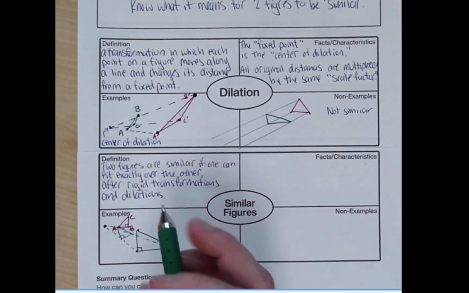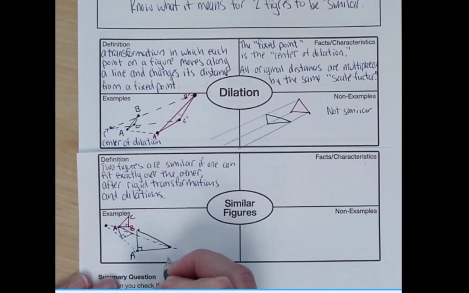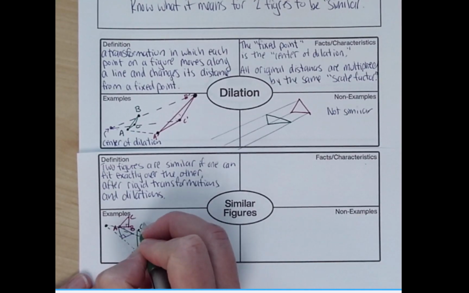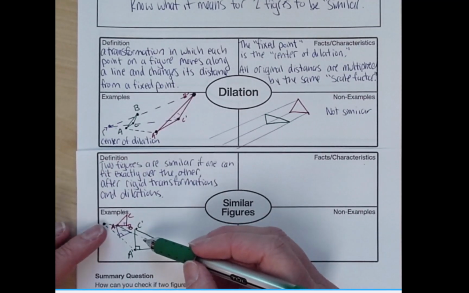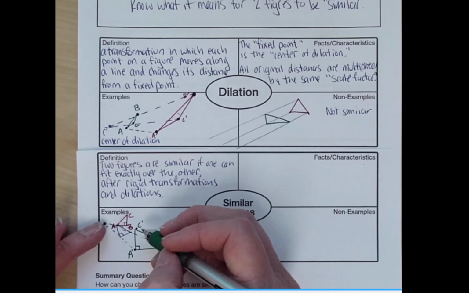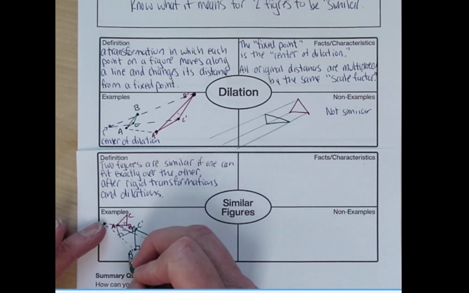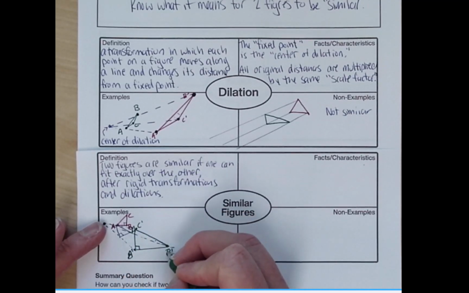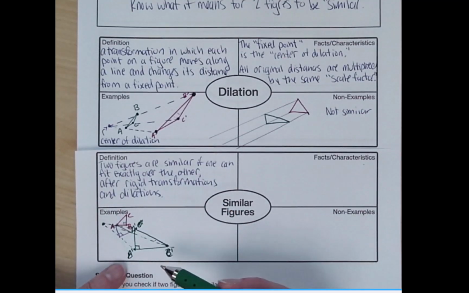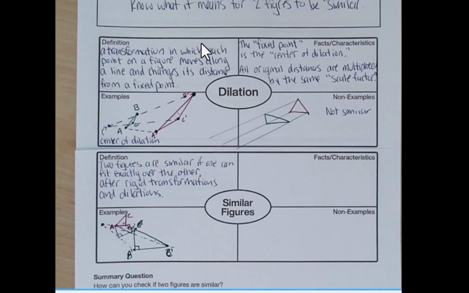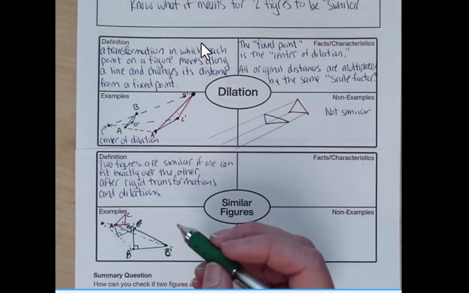So this green A prime, B prime, C prime. Is that how it worked out? Oh gosh, no. Nope. Sorry, this is A, B prime, and C prime here. Apologize, that's kind of a mess.